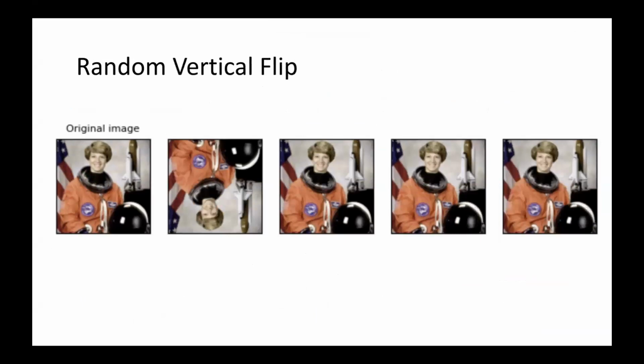Another very intuitive thing would be a vertical flip. For example, here we have all these images, and one here is completely upside down. Now, one thought about this could be that in the test set, it's very unlikely that you would see an image that is upside down. If you were imagining, for example, students in a classroom, it would be difficult to see them upside down, sitting down, right?